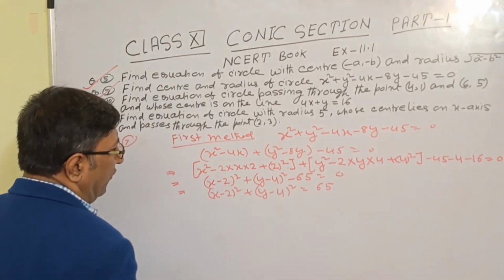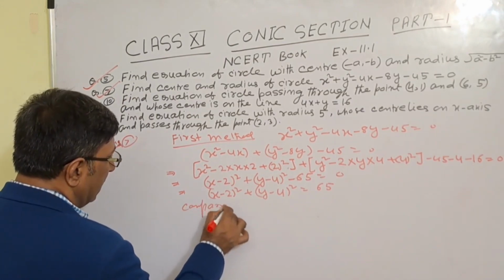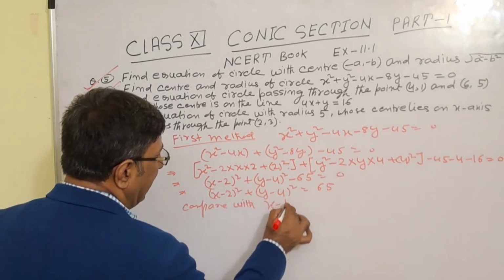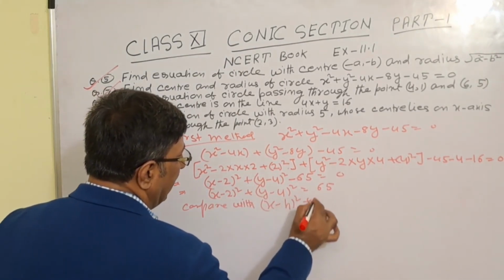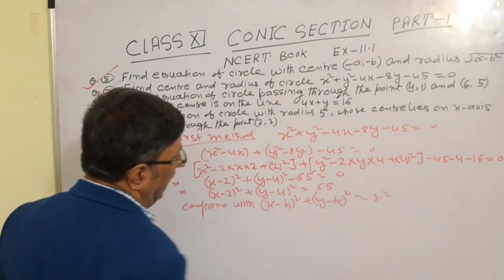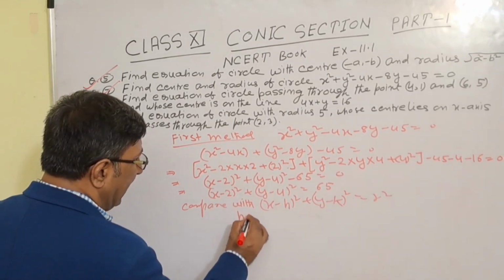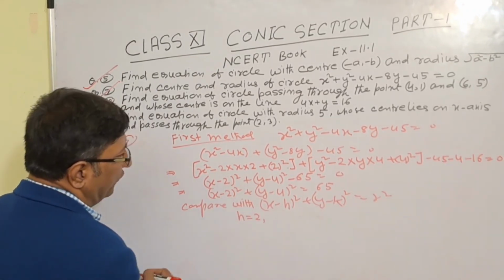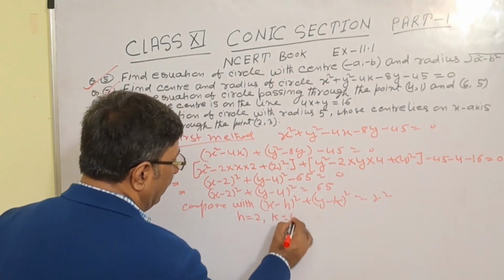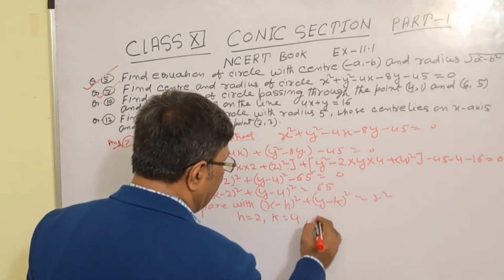Okay, so now when we compare with (x − h)² + (y − k)² = r², comparing this equation, we will get h equal to what? 2, and k equal to what? 4, and r² equal to 65.